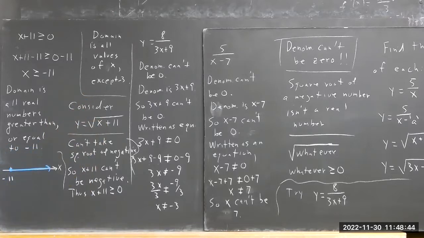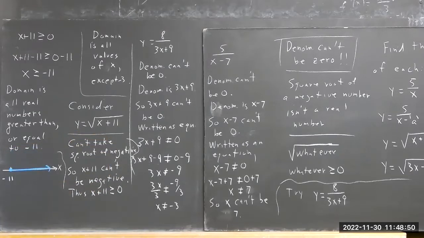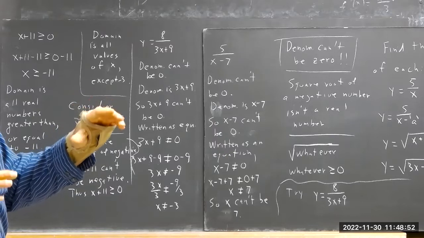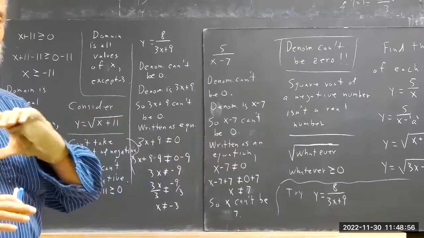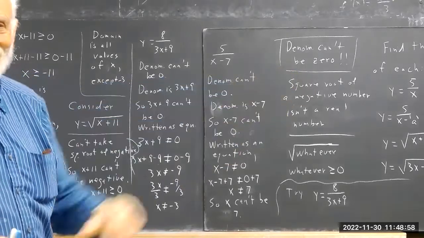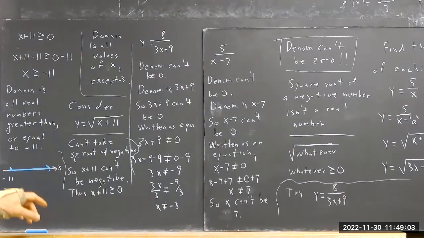Now, if x is -9, then you got the square root of 2. You can't show me that with your fingers. You don't have enough fingers to do a decimal representation of that because it's infinitely long. An irrational number.